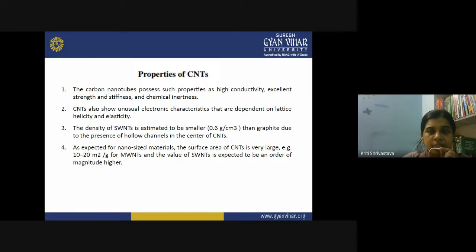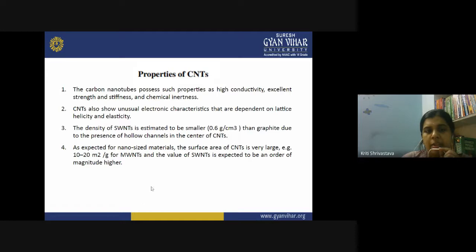It is not the decrease in the density. Rather, they are lighter in weight with the same amount of graphite. If you compare them, you can say that the single walled nanotube is lighter than even graphite and shows enhanced electrical properties as compared to graphite. So that is why, in place of graphite, the nanotubes are getting preference for electrode modification.